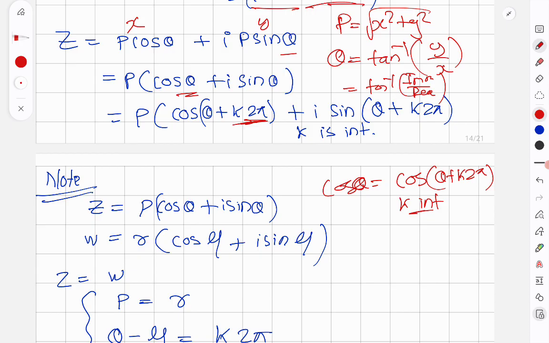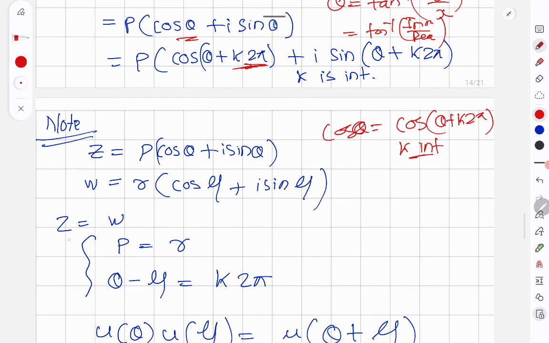That's it. And note one more thing: when you have the complex number in polar form, the trigonometric form, the basic way we write it is rho (cos theta plus i sin theta). And you have another complex number, which is r (cos phi plus i sin phi).